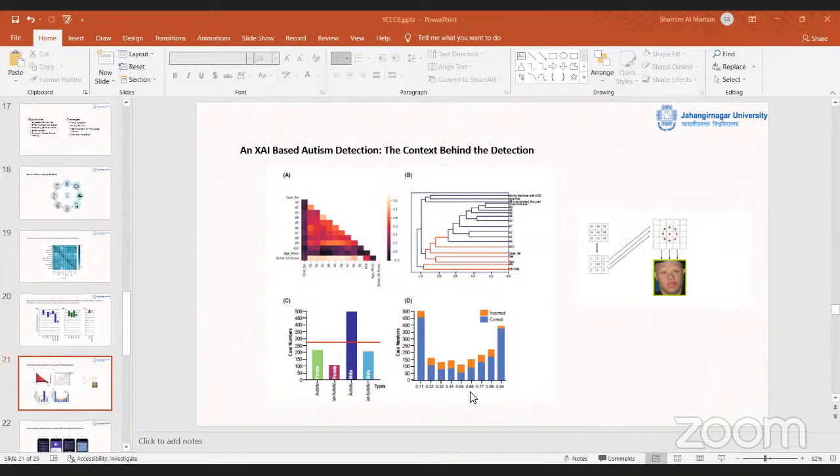And we employed the explainable AI model to detect the most relevant aspects that contribute to the prediction of the support vector machine. And our system makes higher accuracy than other state of the art autism detection systems.